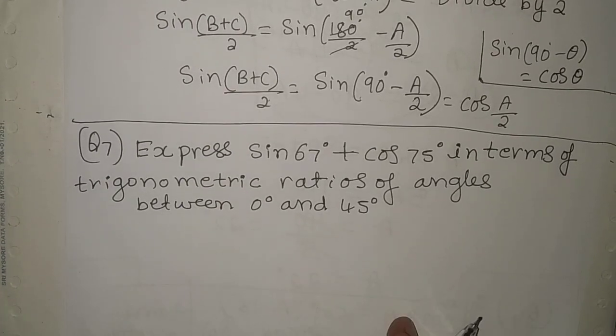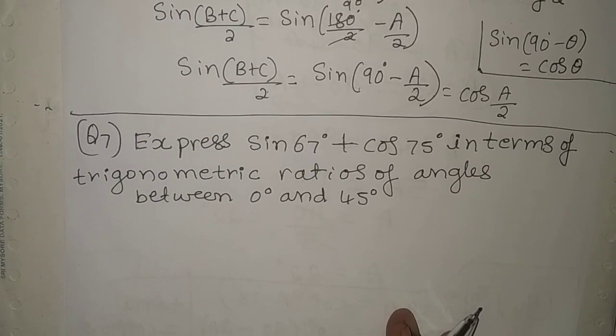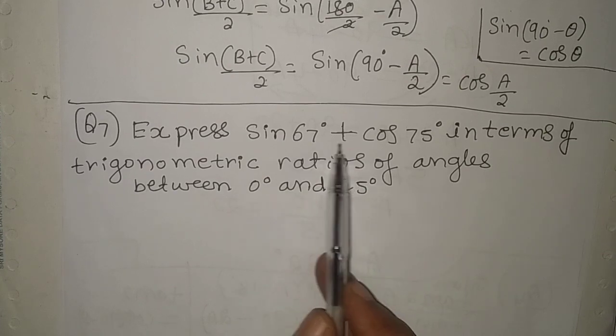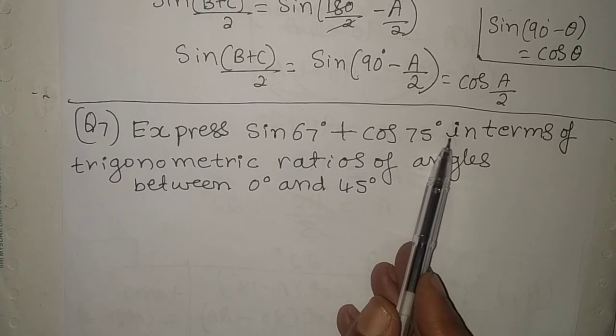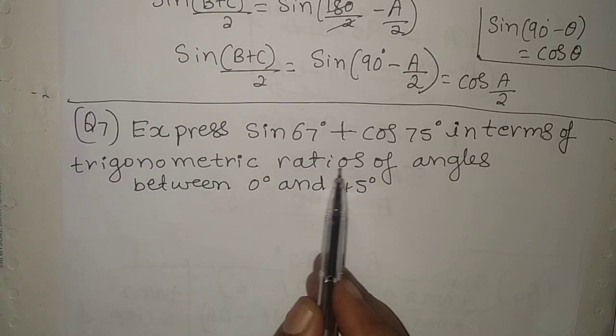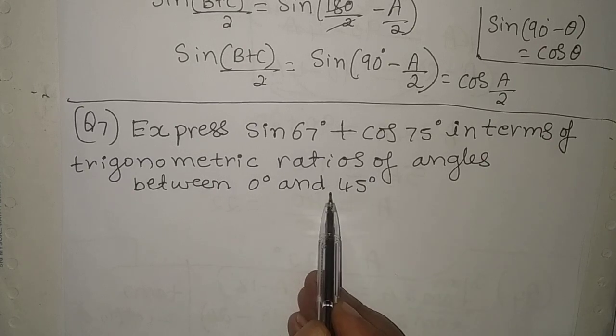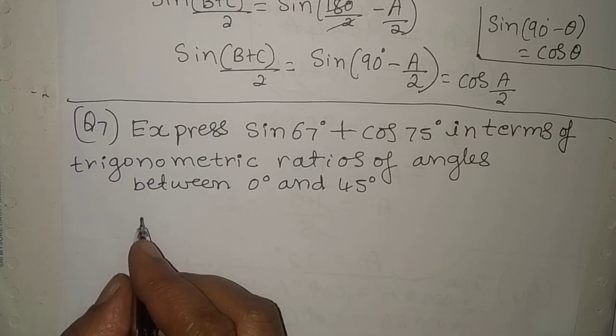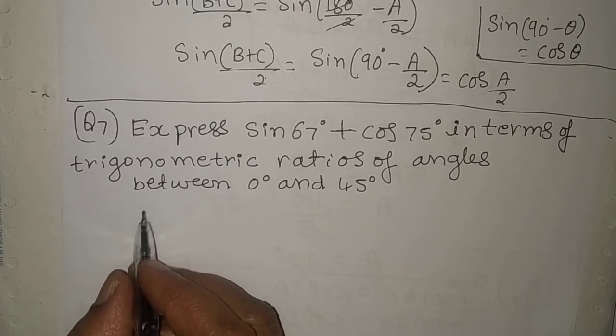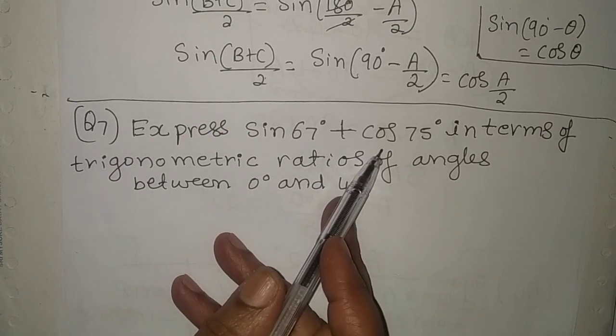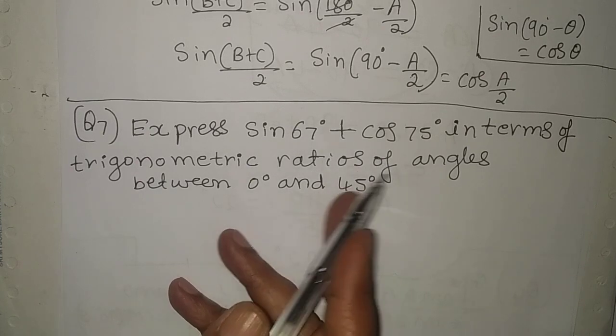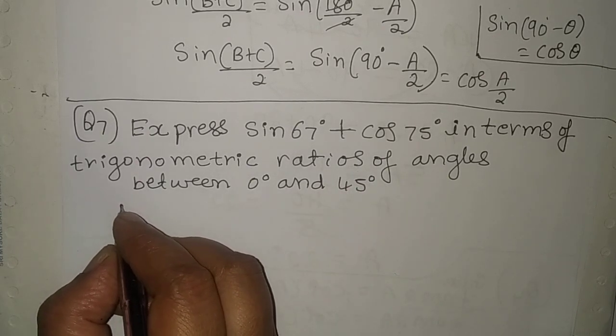Now next question is, express sine 67 degrees plus cos 75 degrees in terms of trigonometric ratios of angle between 0 and 45 degrees. Given is sine 67 degrees plus cos 75 degrees.